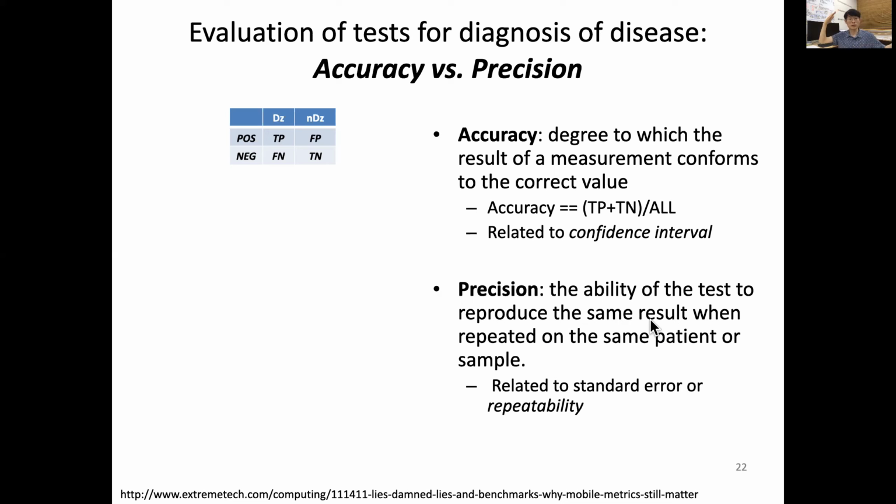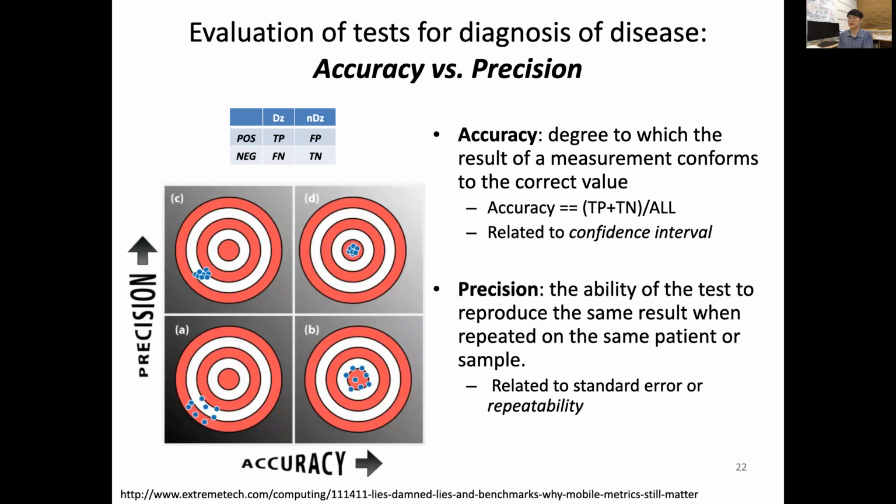Let's say another person came in to measure it, and those values are also different. This is like any instrument we are measuring with: you will not have exactly the same value. So there comes the concept of how repeatable those measurement values are, which we call precision, when repeated on the same patient or sample.